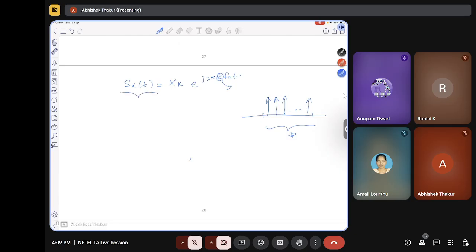Now y(t) is given as the summation of xk e to the power of j 2 pi k f naught t. So this is our received symbol. This is similar to the Fourier series.